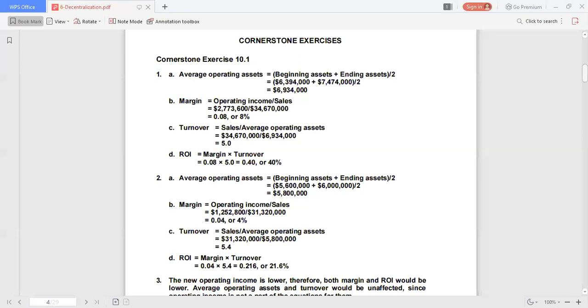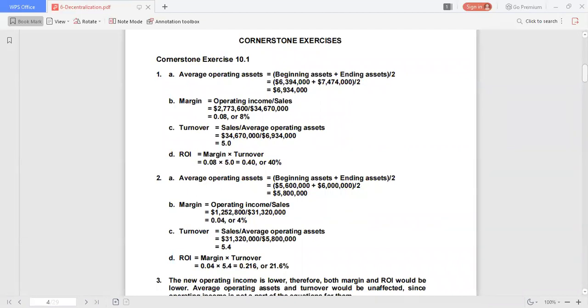So the margin of 4% multiplied by the turnover is 21.6%. By the way, the turnover is stated in number of times, while the margin is stated in percentage. So you get 5.4, which you have to multiply by the margin. That will give you the ROI.